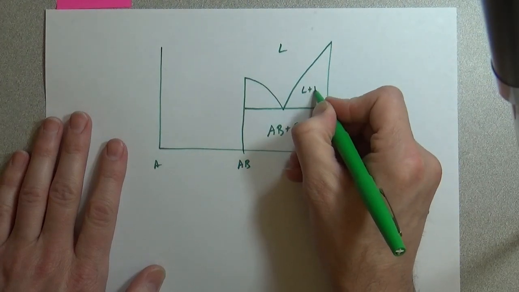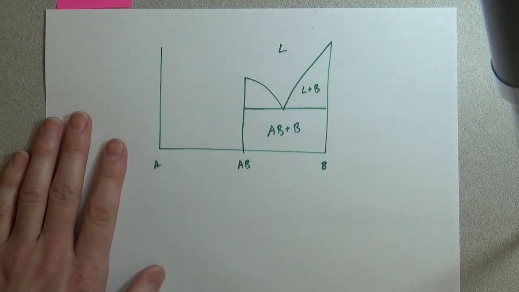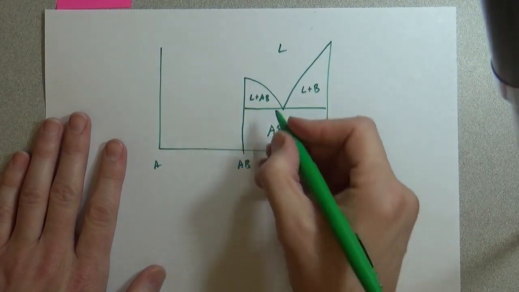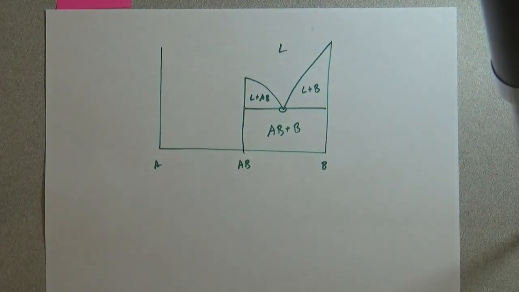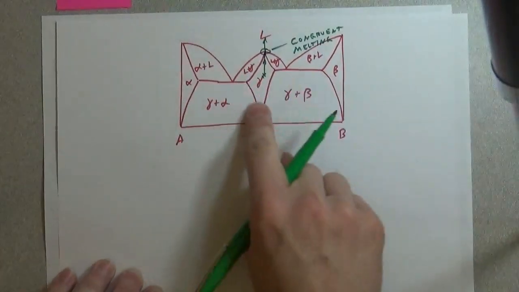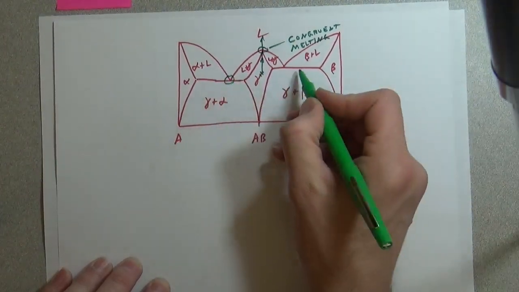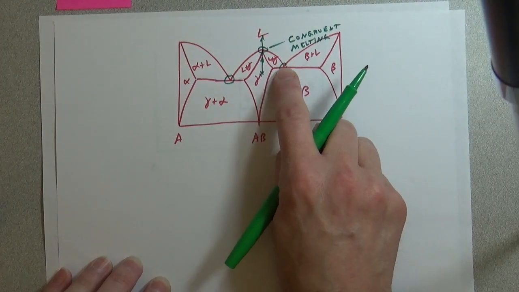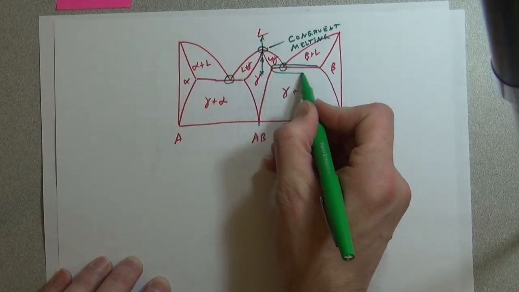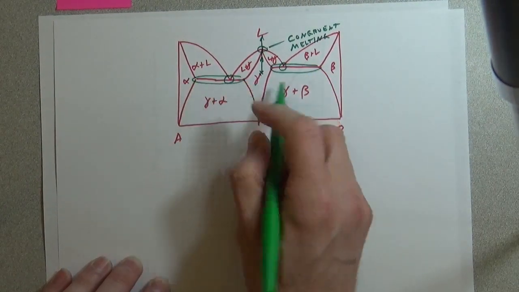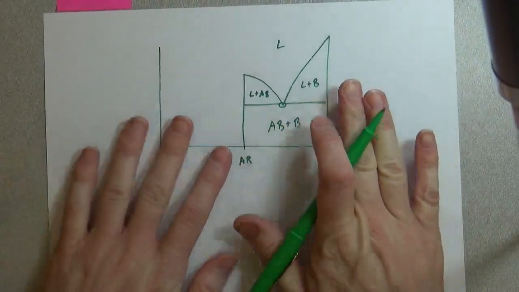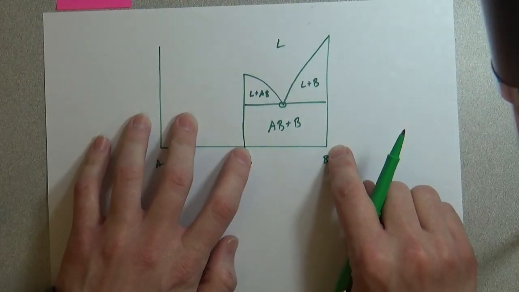We get L plus B. L plus AB. Here's a eutectic, and it's worth pointing out that in this diagram we looked at before, there are two eutectic compositions and two eutectic isotherms as well. And this is, again, another eutectic here, E.